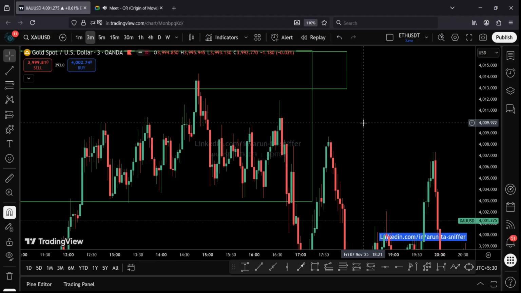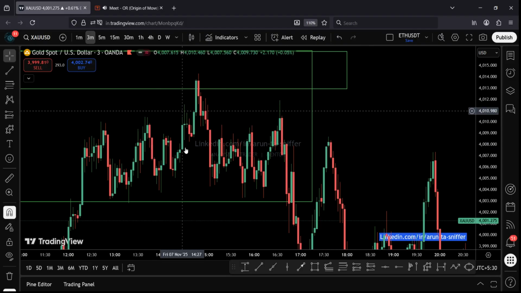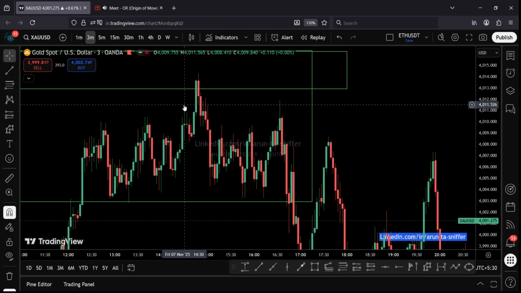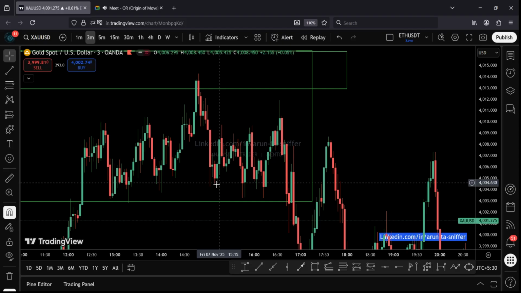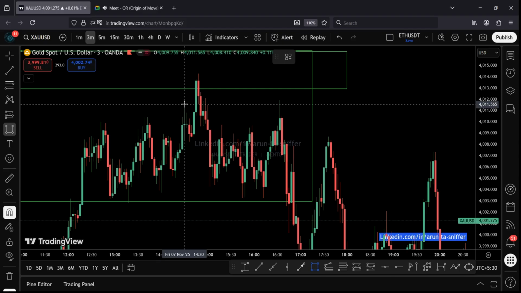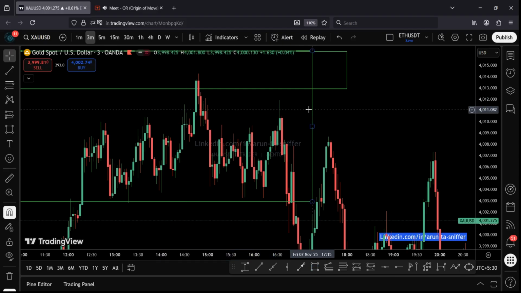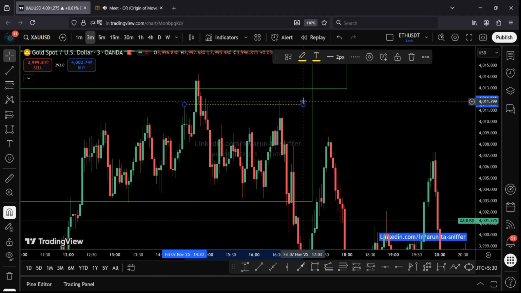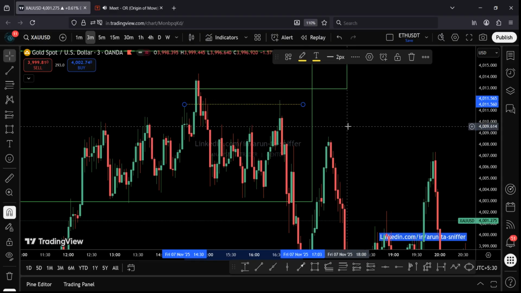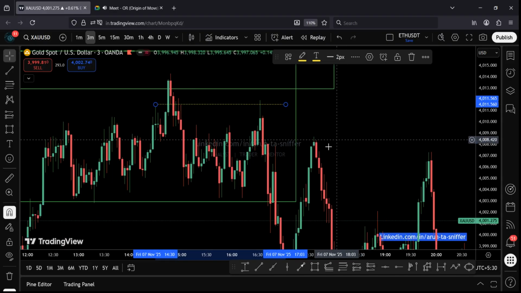What has this created here? Price makes a high, low, higher high, and lower low, right? So this one is our QM level.